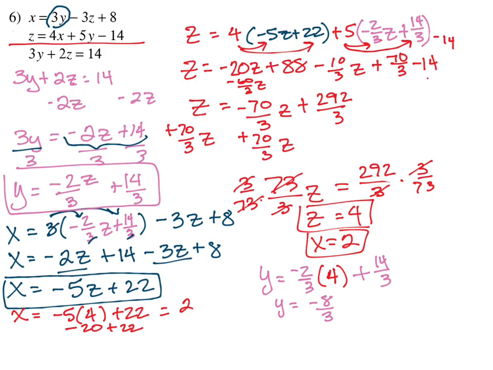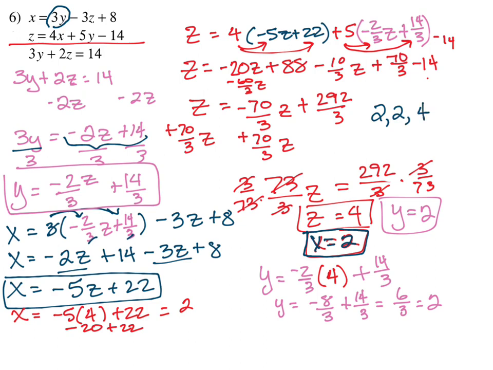And if I have negative 8 thirds and I add 14 thirds, I get 6 thirds, which is 2. All right, we're done. Y equals 2. Y and X are the same. What's my ordered triple? 2, comma 2, comma 4.